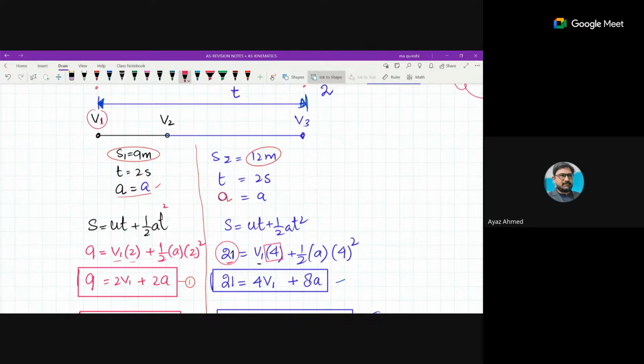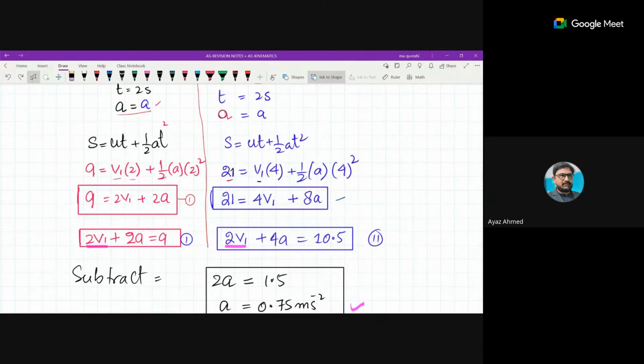Starting from v1 to v3, that is 21 meters. So I use that: 21 meters is equal to v1 into 4 plus 1 by 2 a into 4 square. Time is now 4 seconds. So you got another equation.